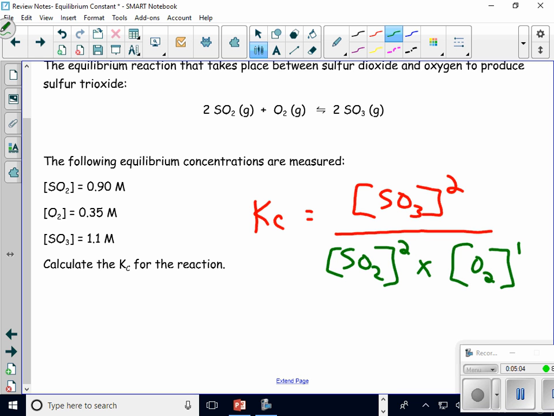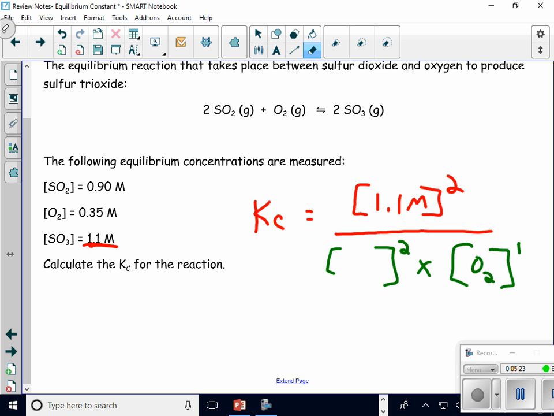All I have to do is put in my actual concentrations. Well, at equilibrium, what was my concentration for sulfur trioxide? It says right here, 1.1, right? So I put in 1.1. Sulfur dioxide was 0.9.